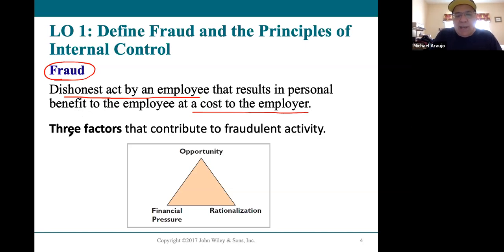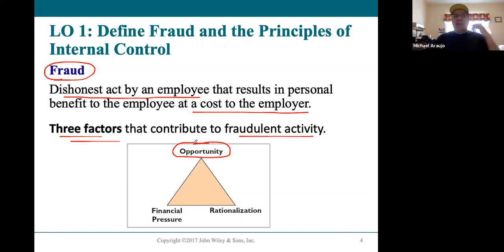As you see, your book explains that there are 3 factors that contribute to fraudulent activity in a business, okay? And as I was explaining earlier, only a couple of you have actually had the opportunity to handle cash for a business, right? Because you might have been a cashier or another position where handling cash from customers was a normal part of your job duties.